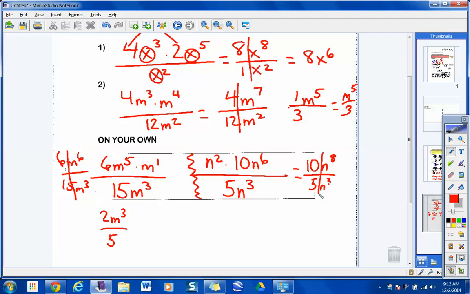How about the 10 over 5? That divides evenly, doesn't it? What value? Oh, careful. 10 divided by 5. Well, 2 over 1. 2. And then 8 minus my 3 would be? So 2n to what power here? Whoops. 2n to the 5th. Very good.